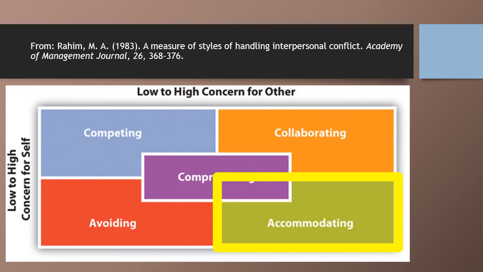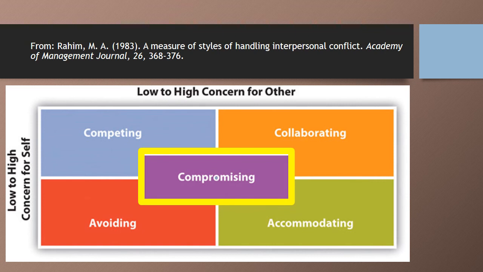In general, we accommodate because we're being generous, we are obeying, or we are yielding. Research has shown that the accommodating style is more likely to occur when there are time restraints and less likely to occur when someone does not want to appear weak.